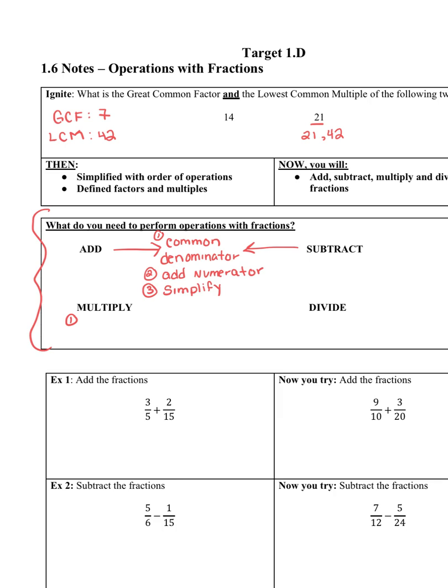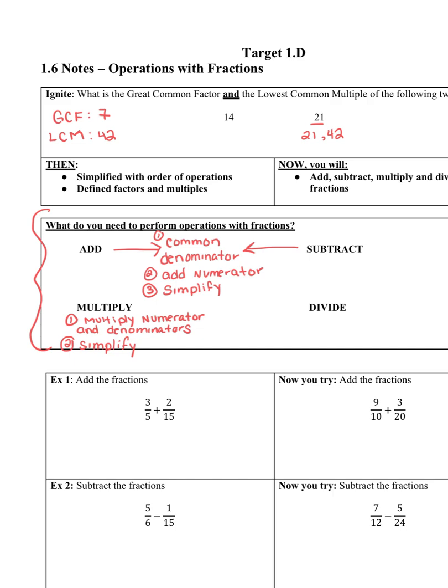But with multiplying, we just multiply the numerators and the denominators together. Then once you've done that, if necessary, you'll reduce or simplify. Then when it comes to dividing, you'll never actually do any dividing.